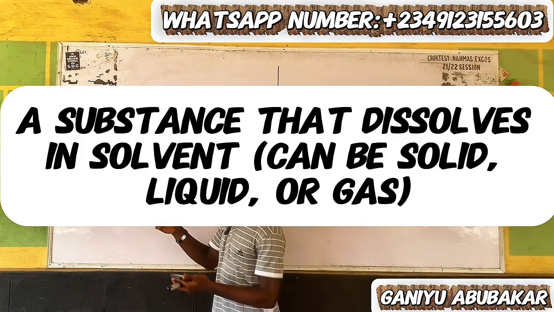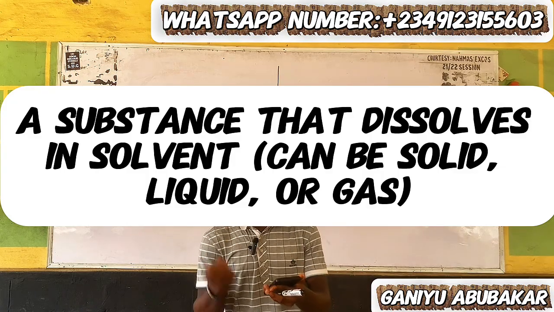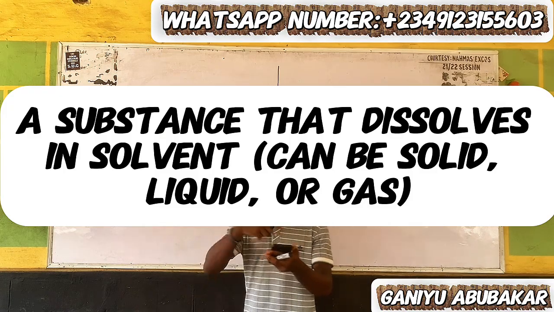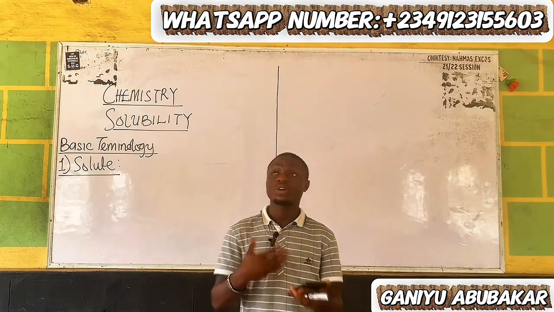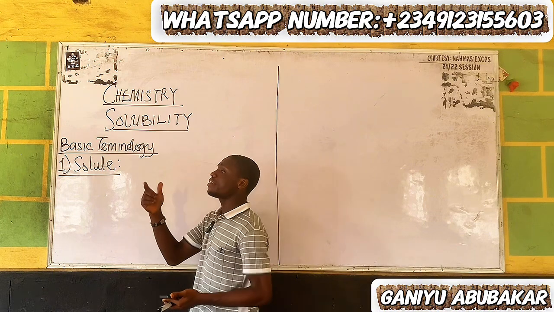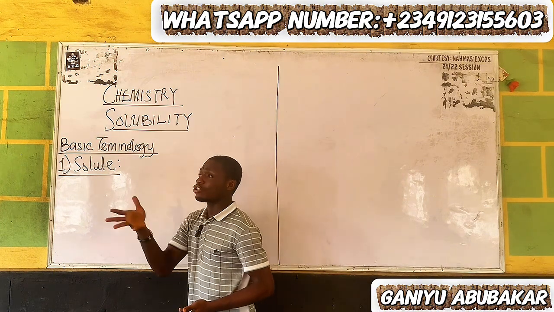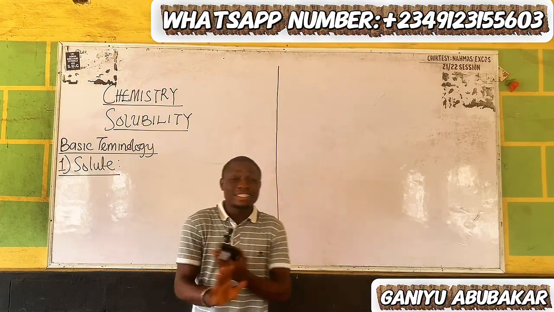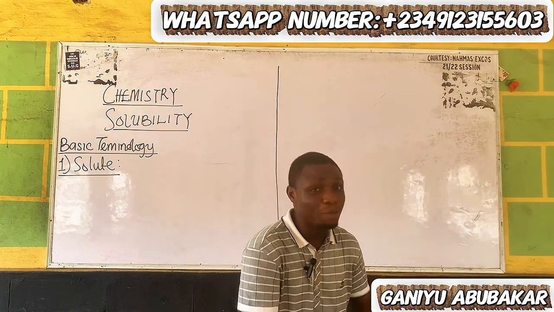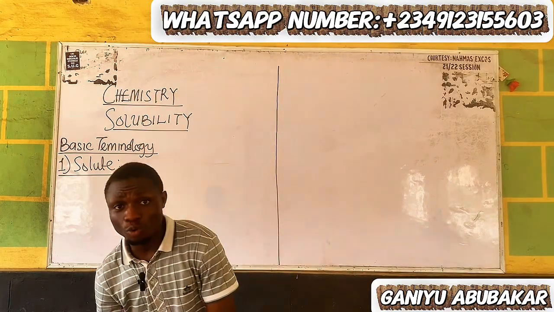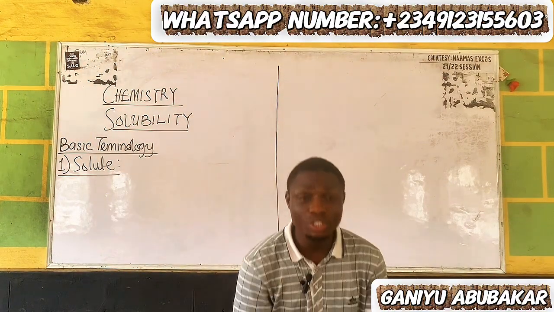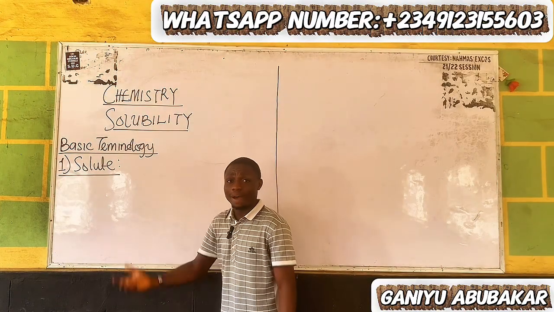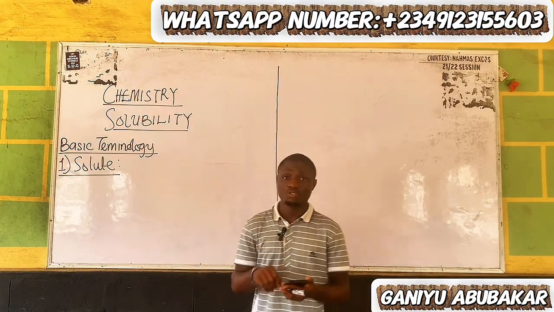So the first term is called solute, and solutes can either be solid, liquid, or gas. The condition is that the substance must be combined with a liquid. Either it's dissolved or it's not dissolved. That's the idea of solute.